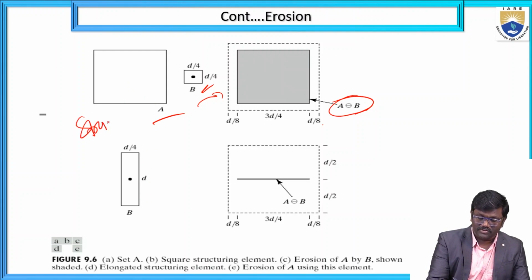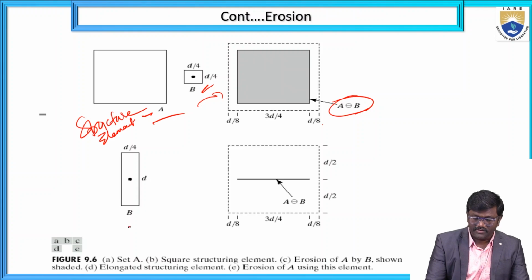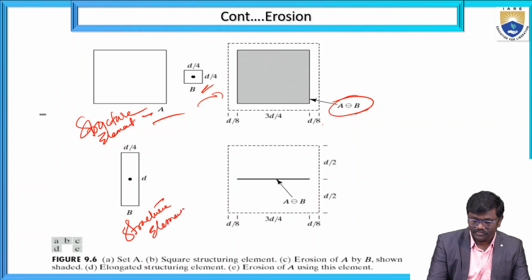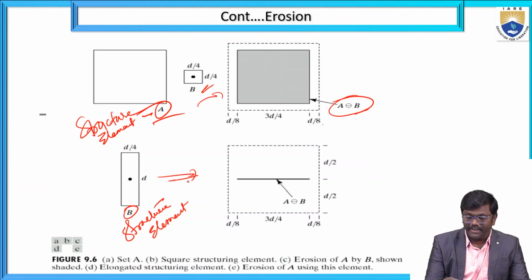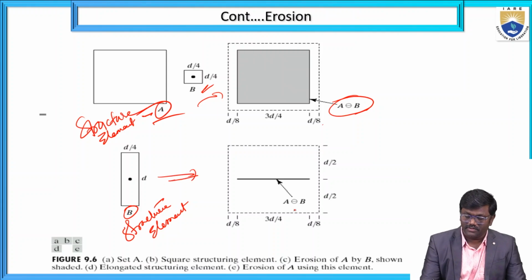This is one structure element. This is another structure element. This is B. This is A. So you apply the erosion operation here, which is your mathematical operation.